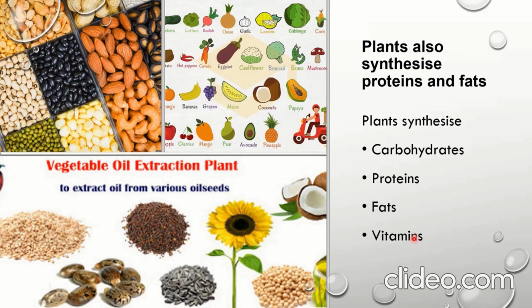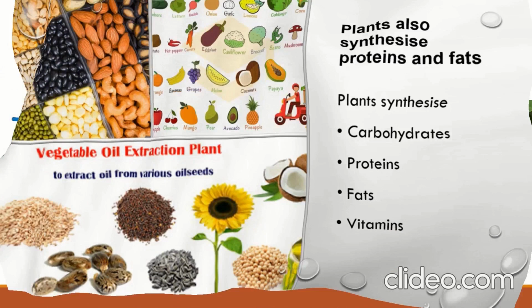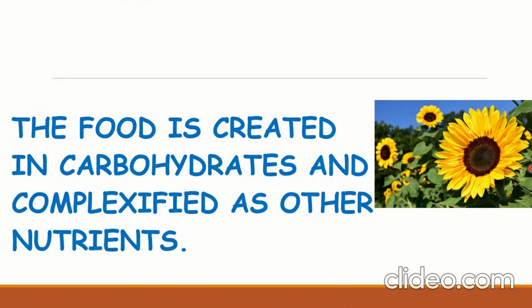This oil is fat and it is a complexified form of carbohydrate. The nuts over here give us fat and carbohydrate; they are complexified forms of carbohydrate. So these other nutrients are created by complexifying the carbohydrates. As you see, the food is created as carbohydrates and complexified into other nutrients.